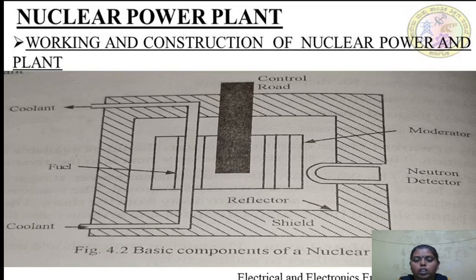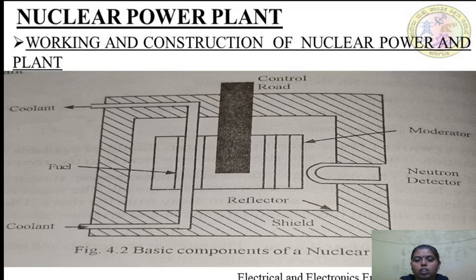Nuclear fission takes place inside this nuclear reactor. A control rod is provided in order to control the neutron liberation in the reactor. That is, it will avoid the melting of the fuel and also avoids the disintegration of the coolant.